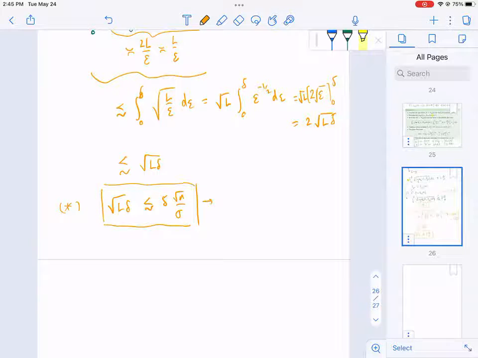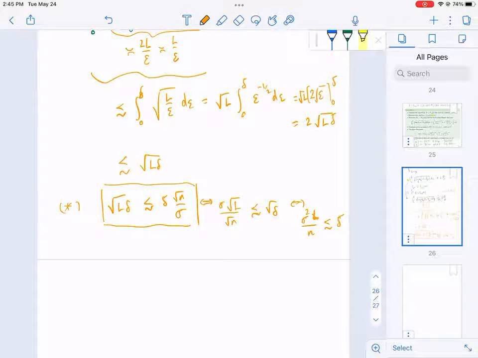So how do we solve this? We can simplify. So this is like root delta, and I'm going to put sigma here, root n here, and then I can square it. This is equivalent to sigma squared L divided by n.